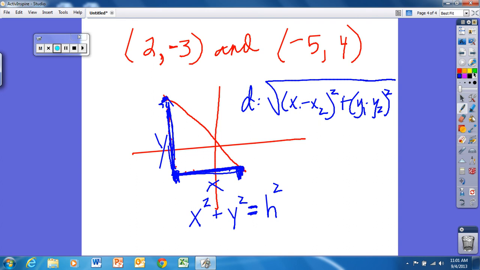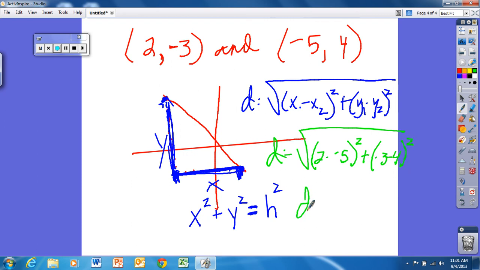So for this particular problem, the distance is the square root of (2 minus negative 5) squared plus (negative 3 minus 4) squared, which is 2 minus negative 5 becomes plus, so that's 7 squared is 49, and negative 3 minus 4 is negative 7 squared is 49.